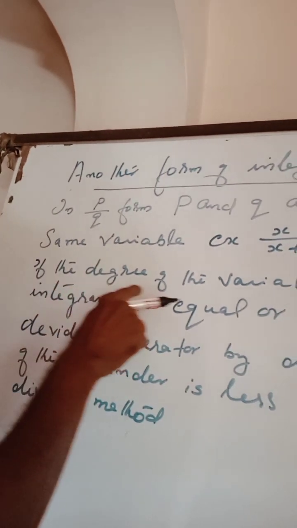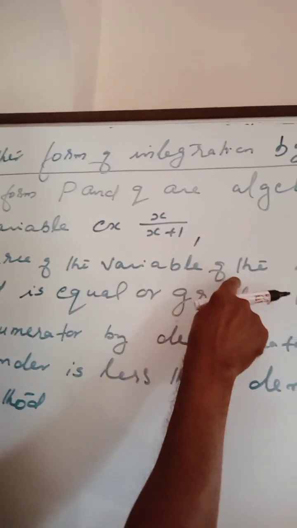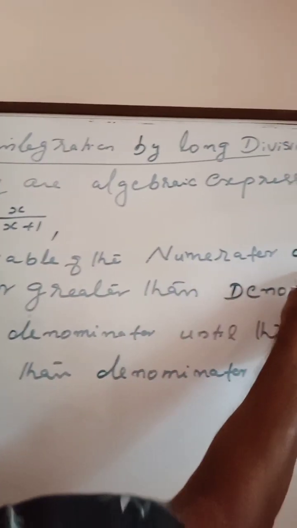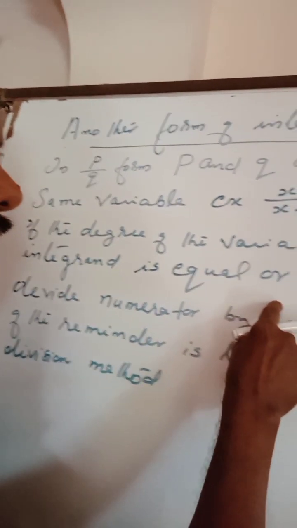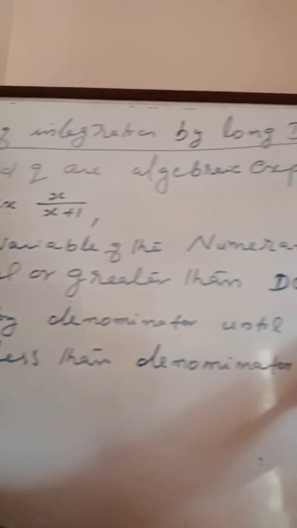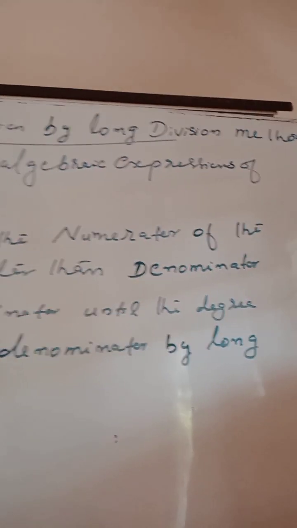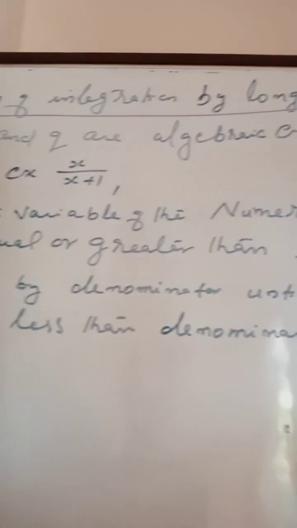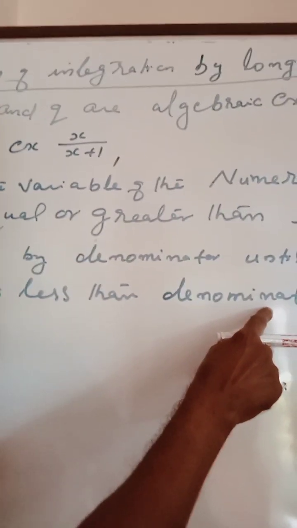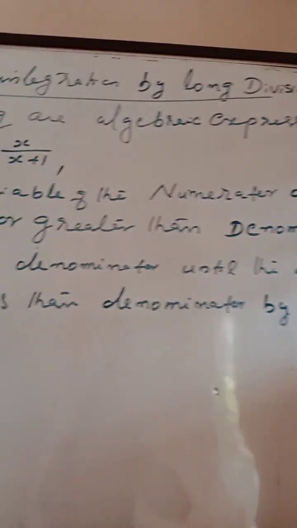If the degree of the variable of the numerator of the integrand is equal to or greater than the denominator, divide numerator by denominator by long division method until the degree of the remainder is less than the denominator.